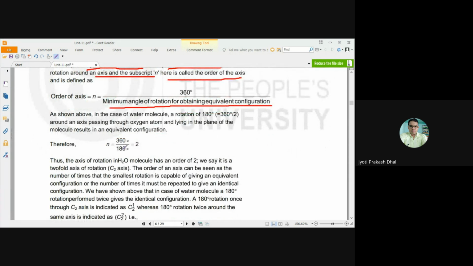Now, for the water molecule, in order to get an equivalent configuration by rotating the molecule, you have to rotate it by 180 degrees. So a rotation of 180 degrees, which equals 360 divided by 2, around an axis passing through the oxygen atom and lying in the plane of the molecule results in an equivalent configuration.